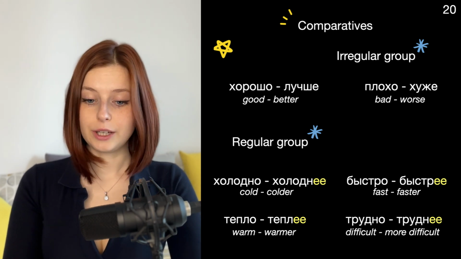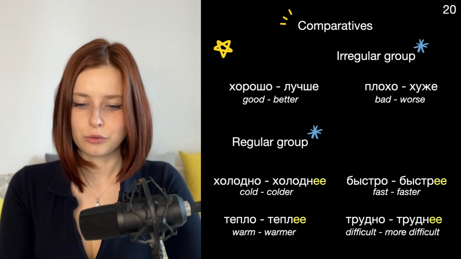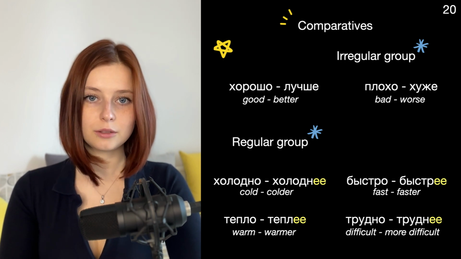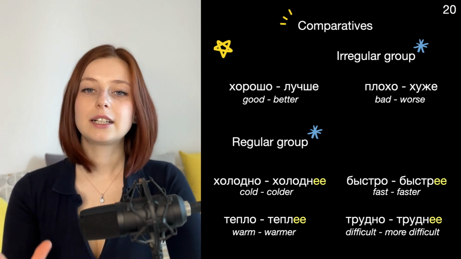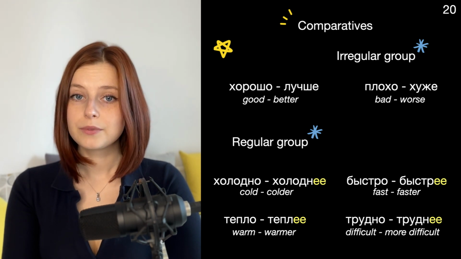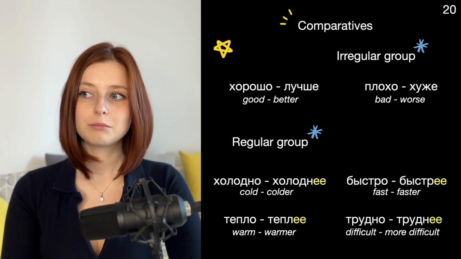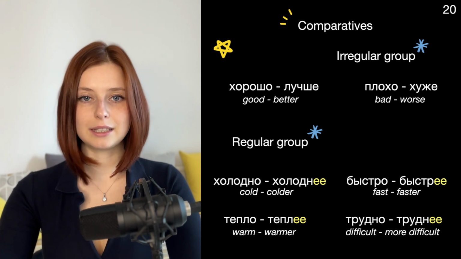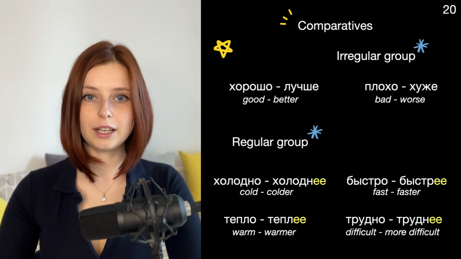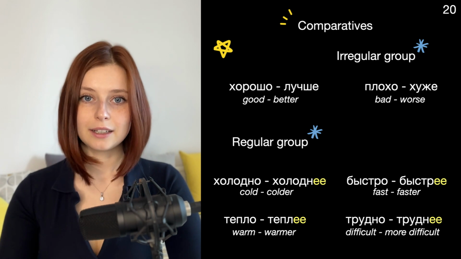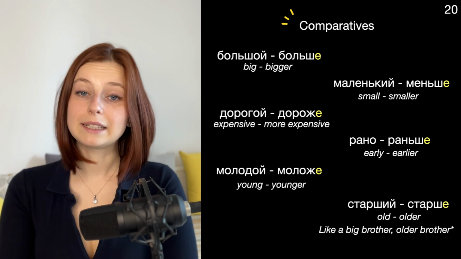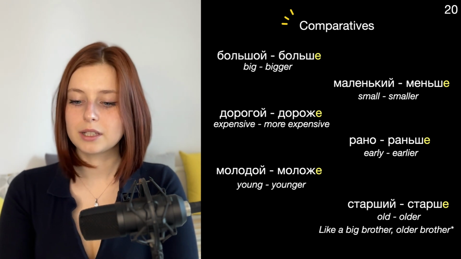So, some of them, those that are in regular form, are created by adding the suffix ее or ей, like холоднее, труднее, теплее, быстрее, right? Because it comes from быстро, быстрее, холодно, холоднее, трудно, труднее, тепло, теплее. Those are pretty easy to remember, right? But there are other types.